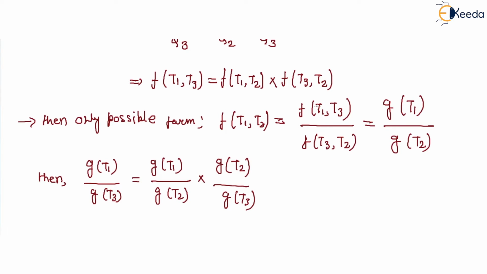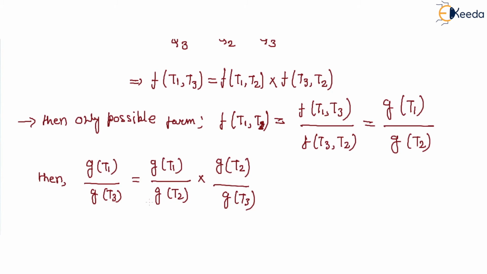So why? Because if there is f(T1, T2), then we can write g(T1) by g(T2). So f(T1, T3), how can we write? g(T1) by g(T3). f(T1, T2) is g(T1) by g(T2). f(T3, T2), we can write g(T2) by g(T3).